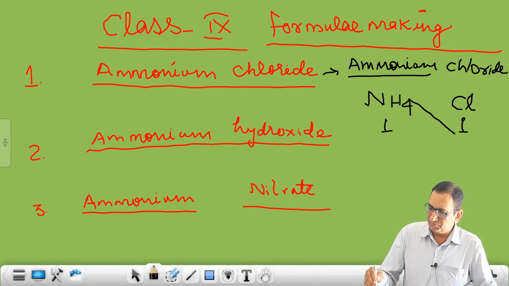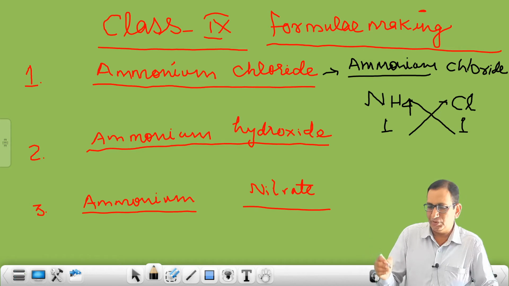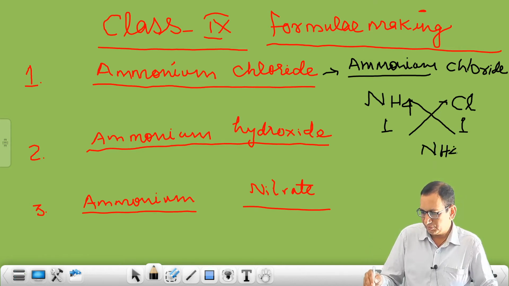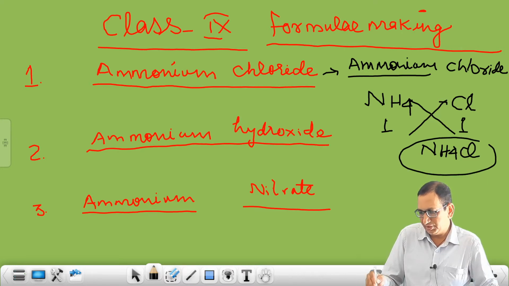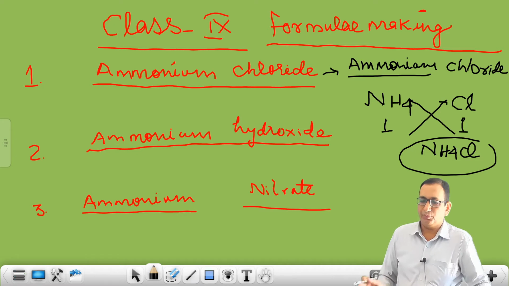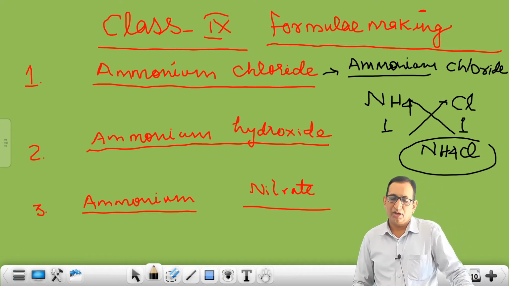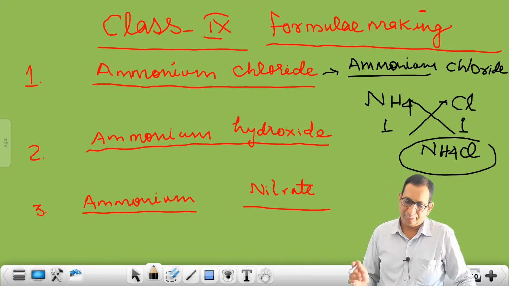So by cross multiplication the formula is NH4Cl. So NH4Cl is the formula for ammonium chloride.